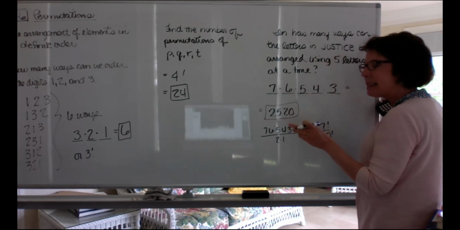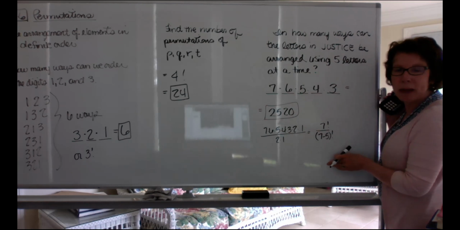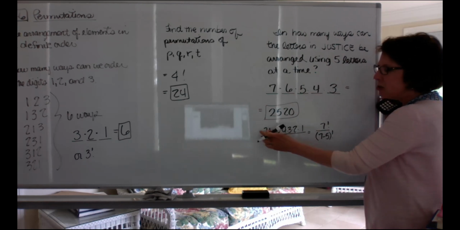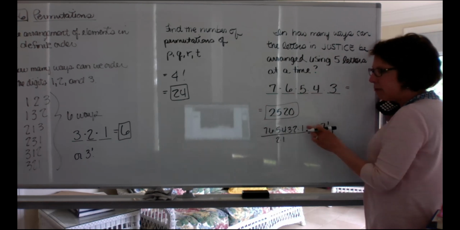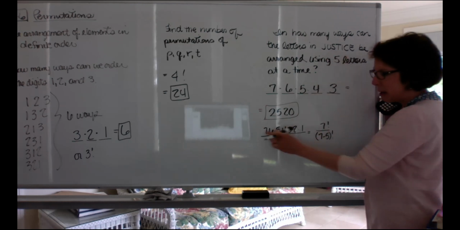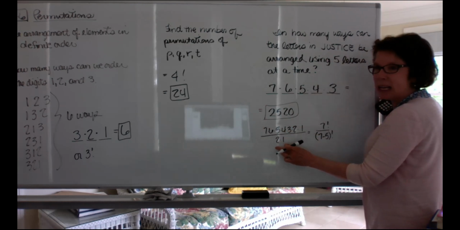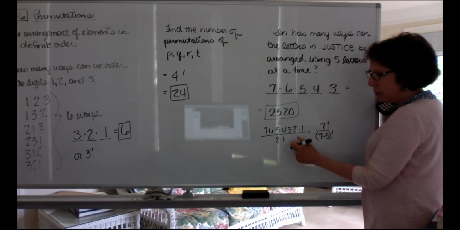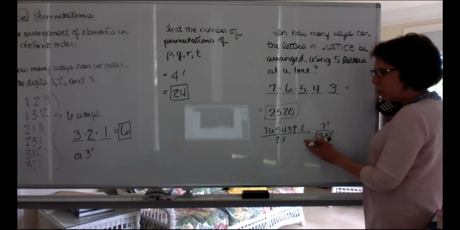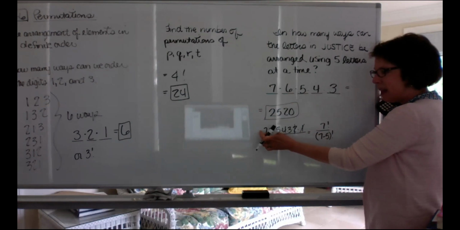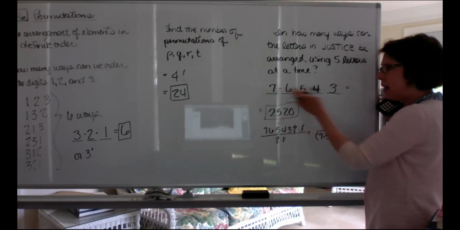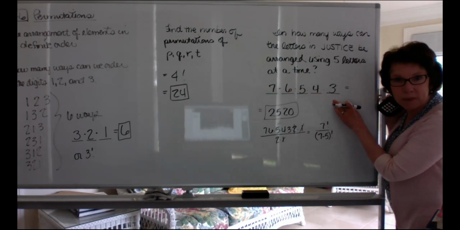Now, let's look at how that could be calculated. I could start with 7 factorial, the total number of letters I'm choosing, and divide it by 2 factorial. Because if I divide it by 2 factorial, what's going to happen is my 2's and 1's are going to cancel out, and I have 7 times 6 times 5 times 4 times 3. That's exactly what I have here, okay?